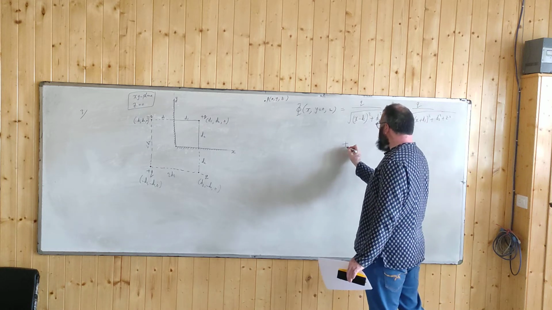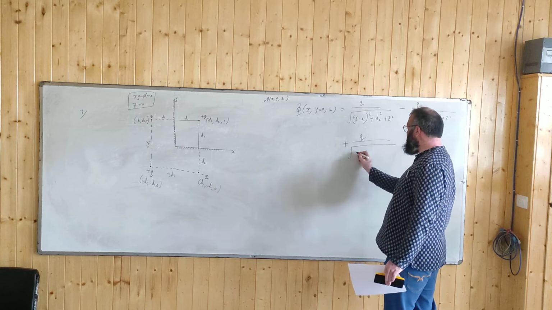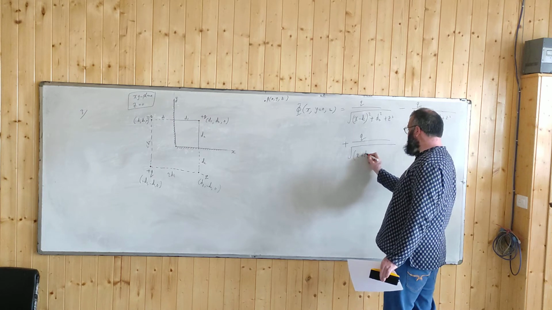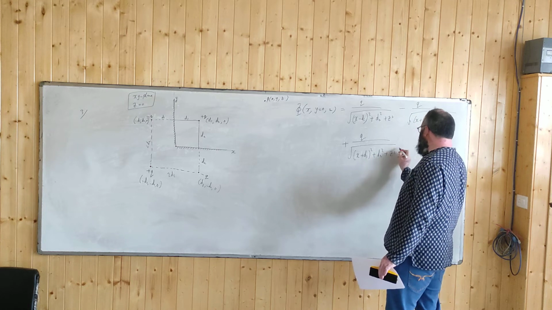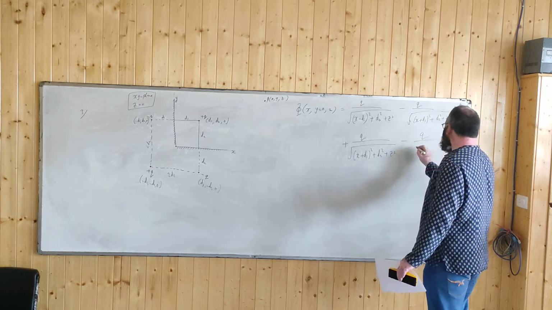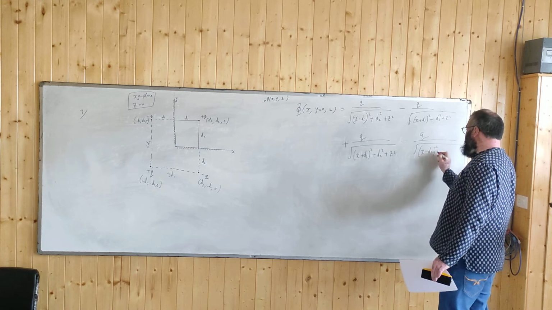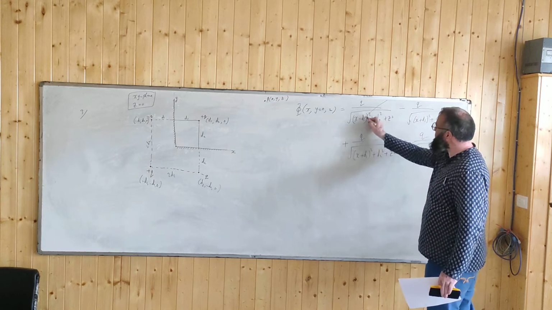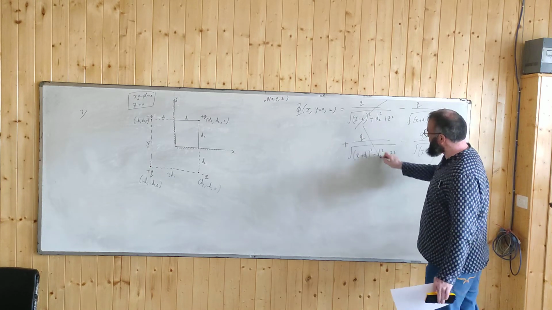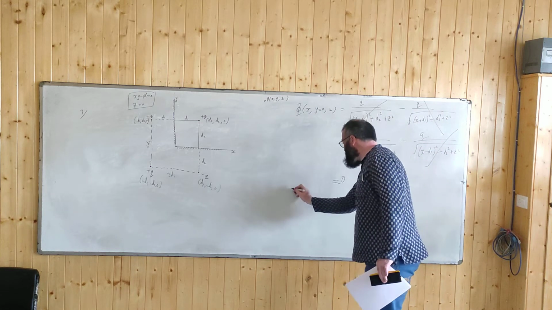Then plus q divided by root of x plus d1 whole square plus d2 square plus z square, minus q divided by root of x minus d1 whole square plus d2 square plus z square. This term cancels with this, and this term cancels with this. What is the potential? It is equal to 0.